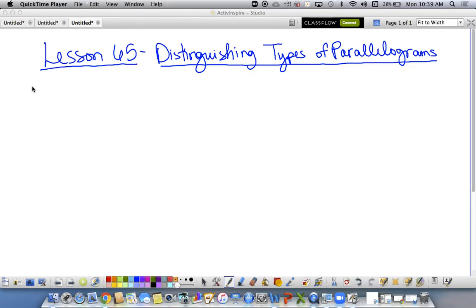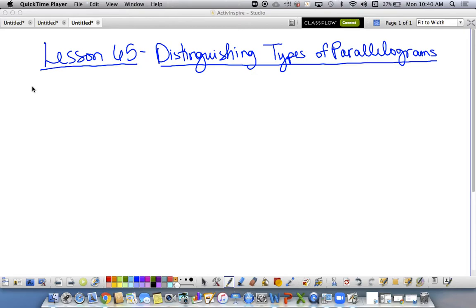Lesson 65, distinguishing types of parallelograms. All right, if you remember just a few days ago, probably the end of last week, we talked about determining if a quadrilateral was a parallelogram. We found some different properties that we could use to determine that.